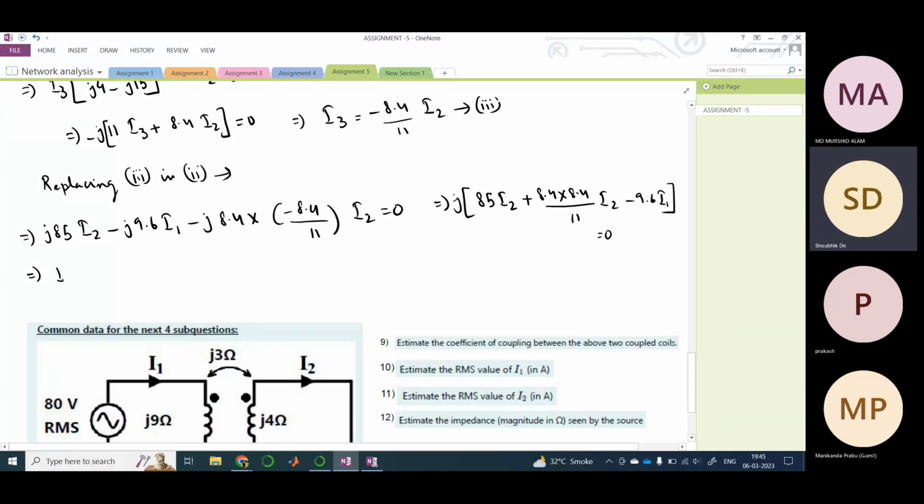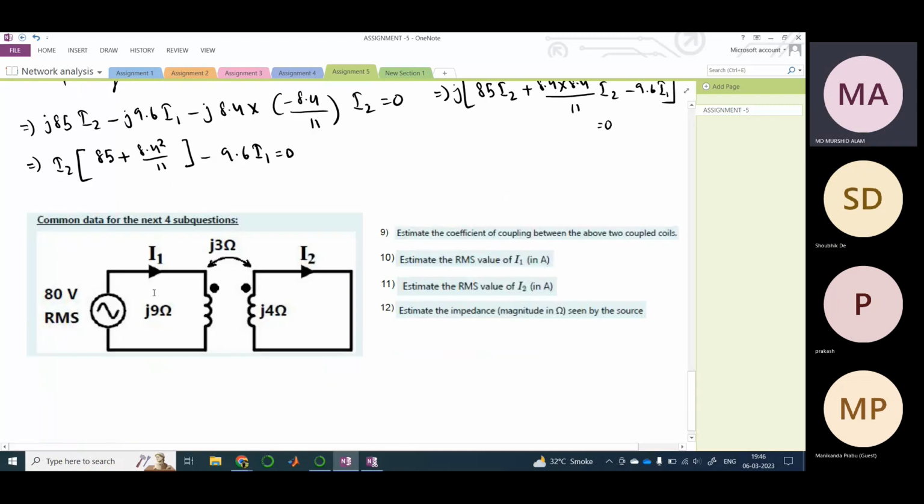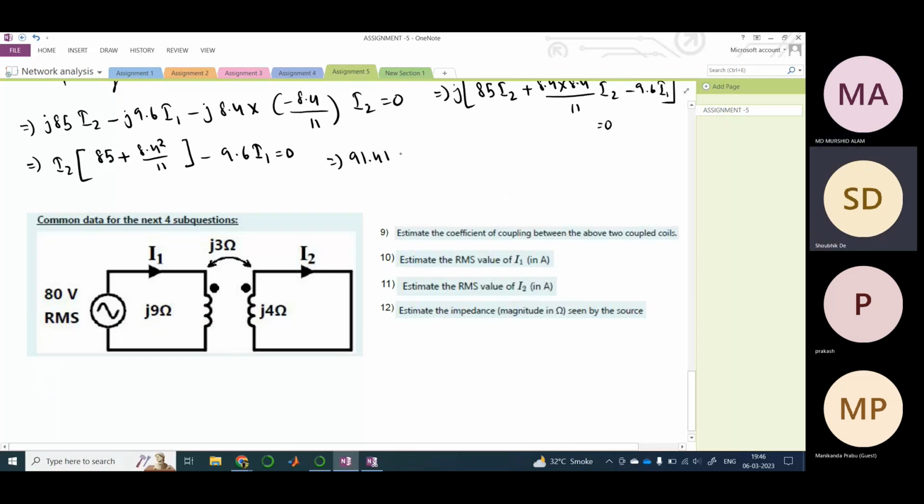If I take I2 common, 85 plus 8.4 squared divided by 11, minus 9.6 I1 equals 0. Can anyone help me with this part here? 85 plus 8.4 squared divided by 11 is 91.41. So 91.41 I2 equals 9.6 divided by 91.41 I1.